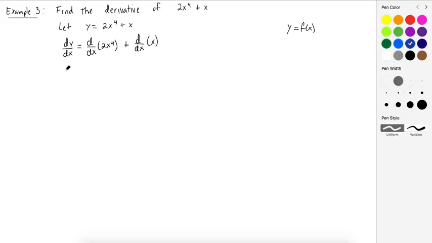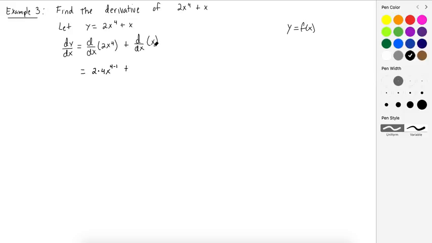So the derivative of that function is going to be equal to, again, so we're going to put this 4 in the front, so it's going to be 2, that was already there, times 4x to the 4 minus 1. So you take this exponent, you put it in the front, and then you subtract 1 from the exponent.